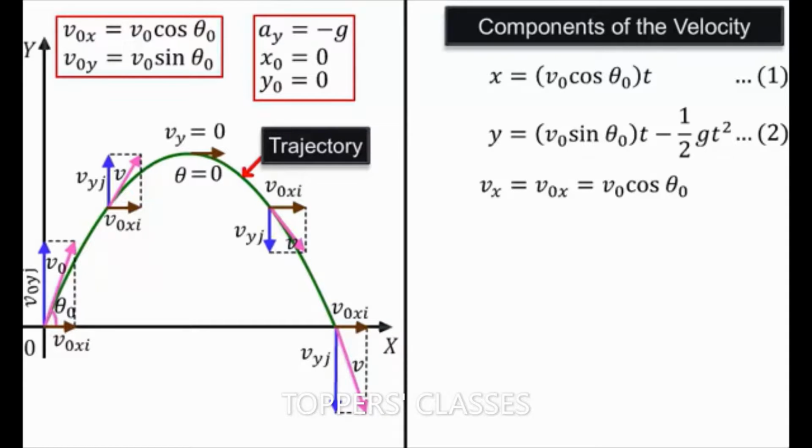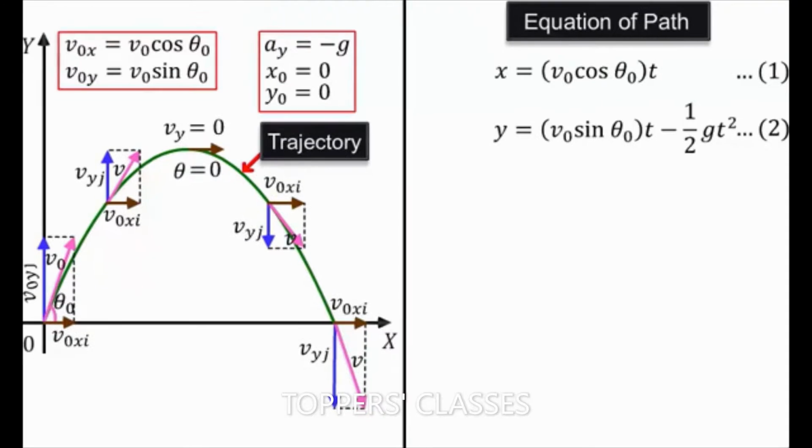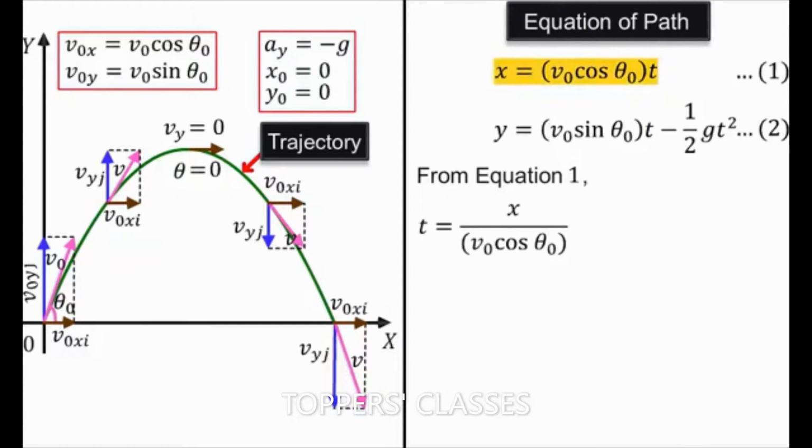Now, let's write the equation of the path for the projectile. By eliminating t from equations 1 and 2, we can get the equation for the path of the projectile. From equation 1, we can write t is equal to x divided by v0 cos theta 0.